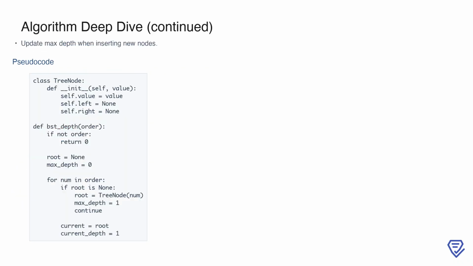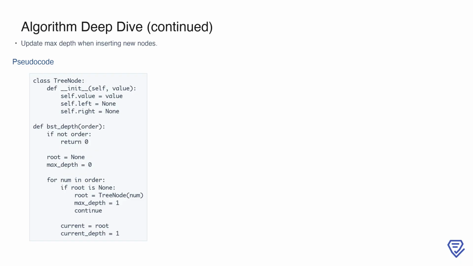The pseudocode for the algorithm begins with the definition of the TreeNode class, which initializes a node with a value and sets its left and right children to None. The main function, BST_depth, starts by handling the edge case of an empty input array, returning a depth of 0. If the array is not empty, we initialize the root as None and the max_depth as 0.